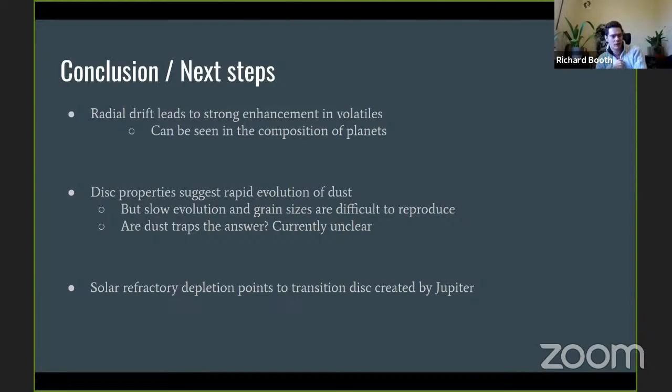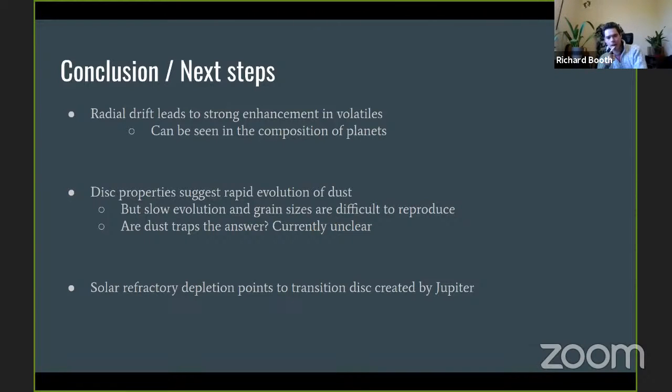I haven't done that, but I've run enough of these models to know roughly what to expect. If you take a model with alpha of 0.1 and a high enough gas surface density that it's appropriate for, for example, the self-gravitating phase, you're going to essentially get relatively small grains, and your dust to gas ratio is not going to evolve too much, apart from maybe in the outermost regions of the disk.